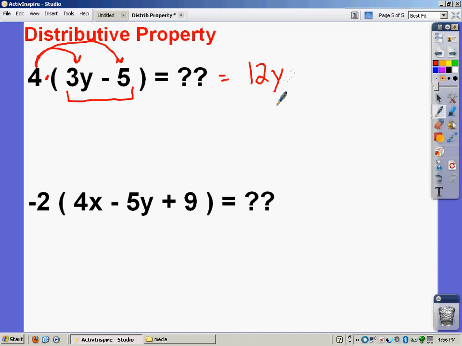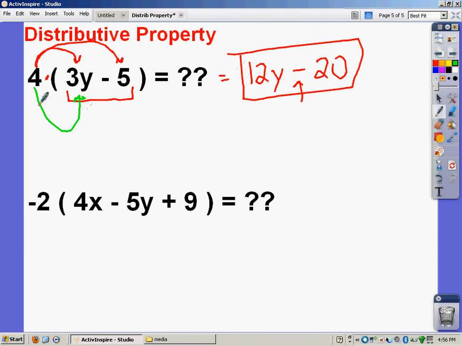And what's 4 times -5? Whichever way you want to think about it, it's really going to be minus 20, because 4 times 5 is 20, but you have this minus in front, therefore that's the minus that has to be in front of 20. So mechanically, there's your answer. You simply multiplied 4 times this, and then 4 times this.